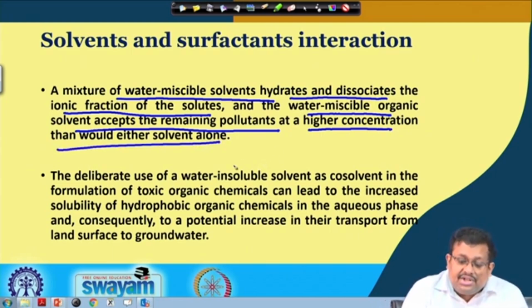So, if there is a mixture of water miscible solvents, they hydrate and dissociate the ionic fraction of the solutes, and the water miscible organic solvents accept the remaining pollutants at a higher concentration than either solvent alone.